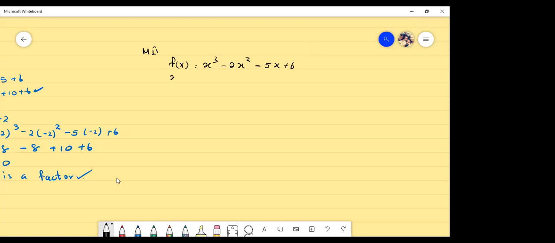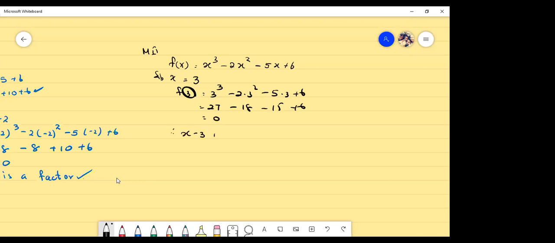First of all, we substitute x equal 3 and take it as the first factor. Therefore x minus 3 is a factor.